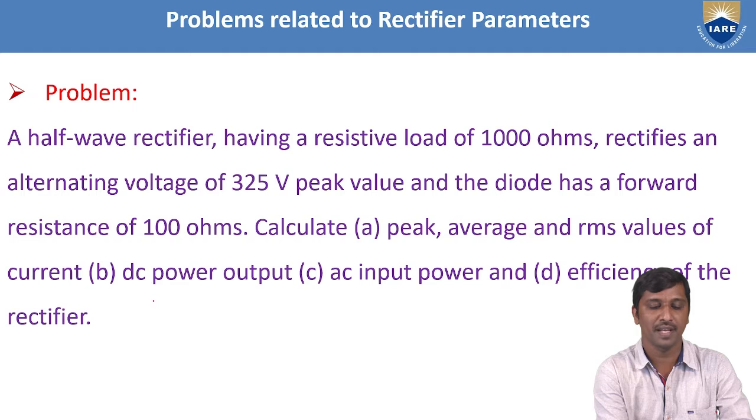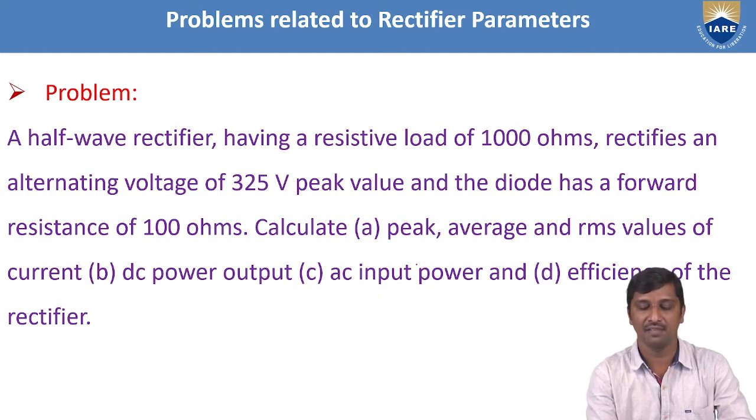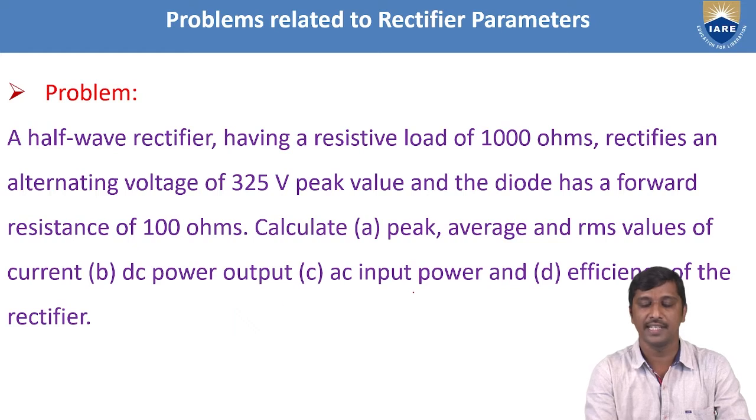Again, one more set of parameters we need to calculate: DC power output, AC input power, and efficiency of the rectifier. So based on this given statement, we need to find these parameters.